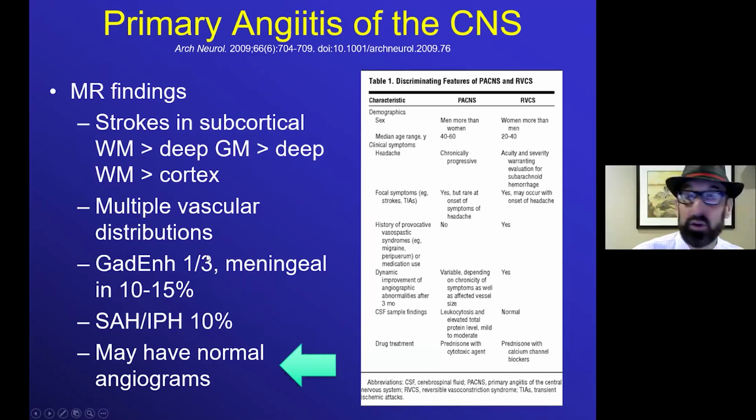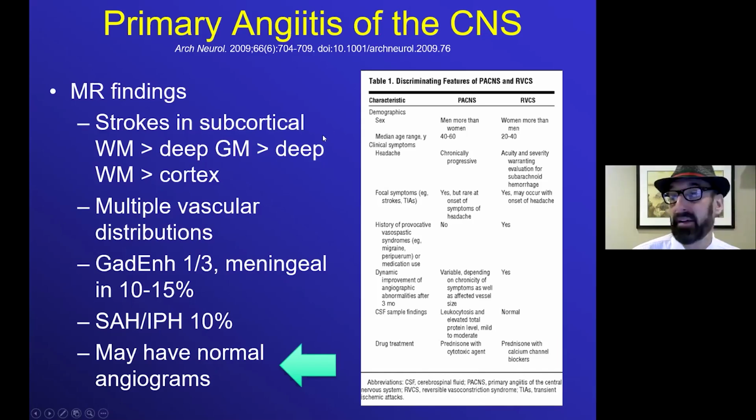For example, they usually are not enhancing with thromboembolic disease, but may enhance in 1/3 and meningeal enhancement with PACNS. And that's very useful because that location of the meningeal enhancement may lead to the targeted biopsy of the meninges to make the diagnosis when the angiogram and the MRI are not suggestive.